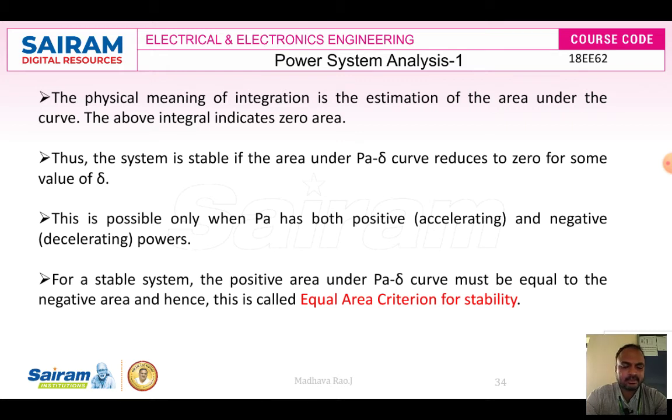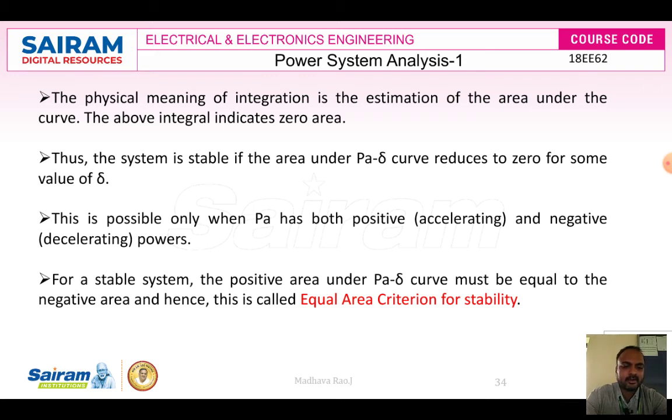Thus, the system is stable if the area under the PA minus delta curve reduces to 0 for some value of delta. This is physically possible only when PA has both positive and negative values.